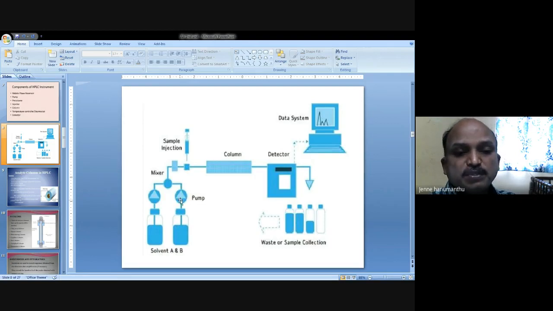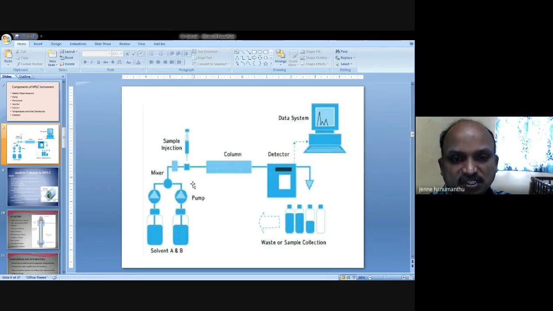You need some pumps, so this liquid is pumped into the column along with the sample. If required, you can place two liquids here for mixing. Otherwise, you take the other solvent separately through another pump.